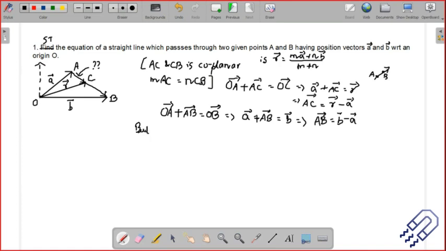Okay, then what is OB? OP is equal to R. So you know OP can be taken as R plus CB.